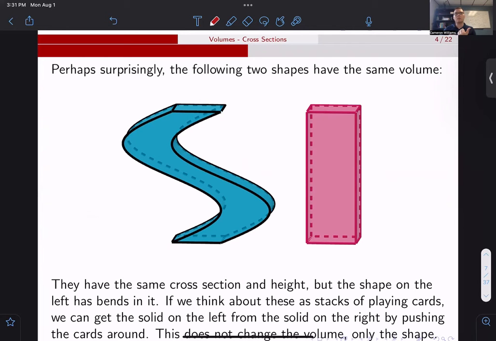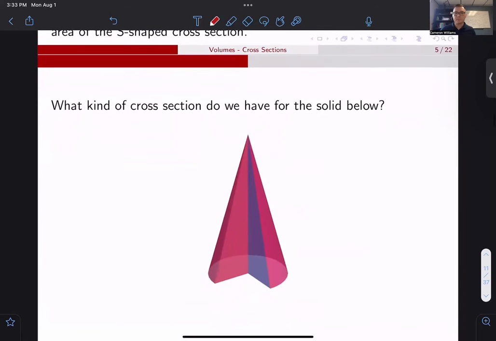They're all still playing cards, so their cross-section area doesn't change. It's still just the area of the card. And since we're just pushing, not deforming it any, just reshaping it, the volume's not going to change. So this is one way I like to think about how Cavalieri's principle says it doesn't really matter how you get from A to B. It's just the height times the cross-section area.